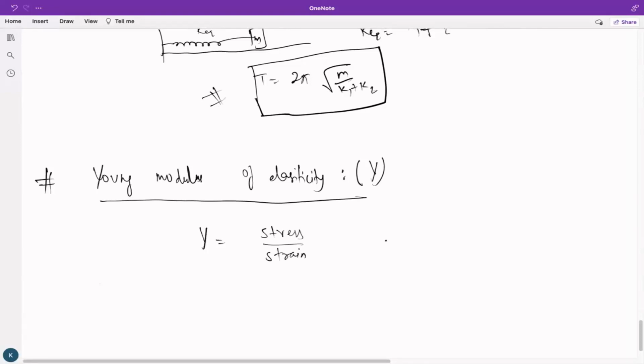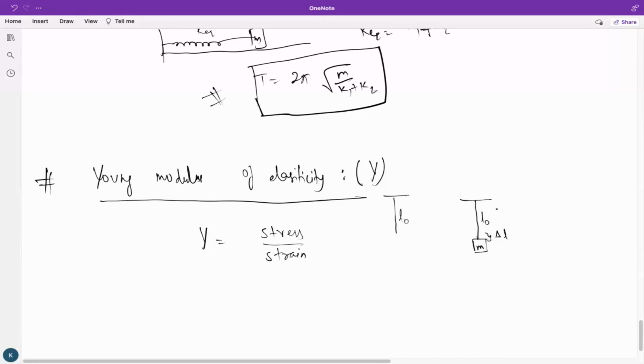Okay, so let me tell you, let me take here a rod first. This is our rod of length L naught. If you hang a mass M on this, this is the original length, and there is a change in its length.